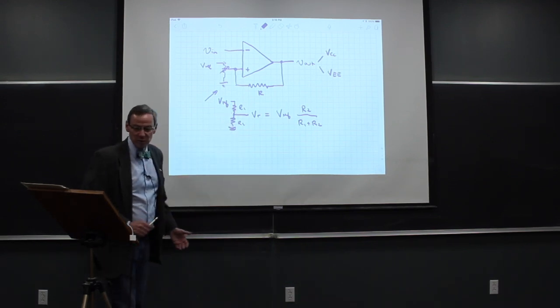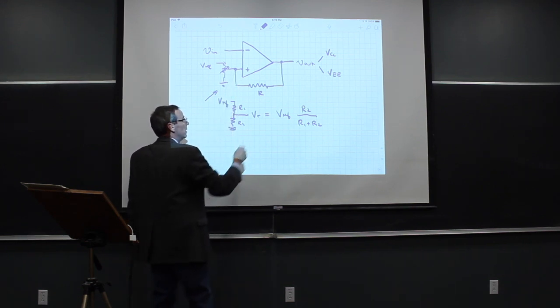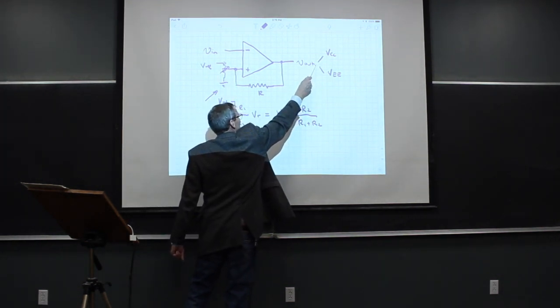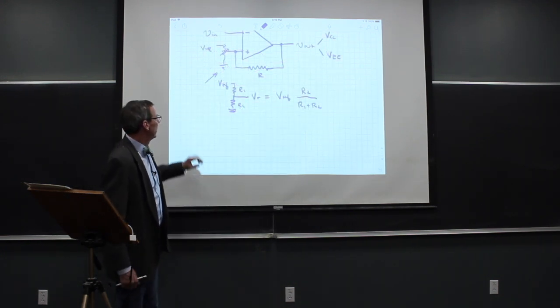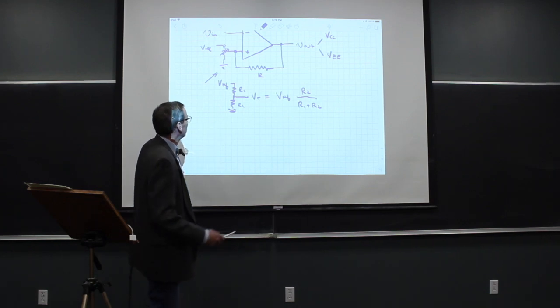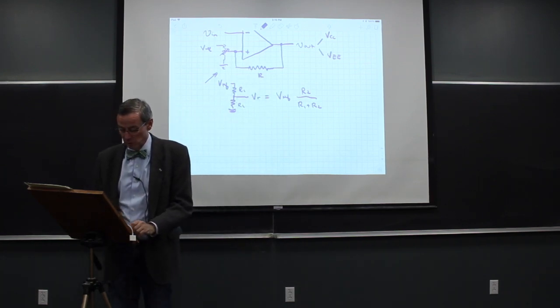So now what we need to do is solve this circuit for the voltage at this point here for the two possible values of the output voltage, VCC or VEE. To solve this, we'll simplify this circuit a little bit. We'll take the output voltage point there and put Vout.